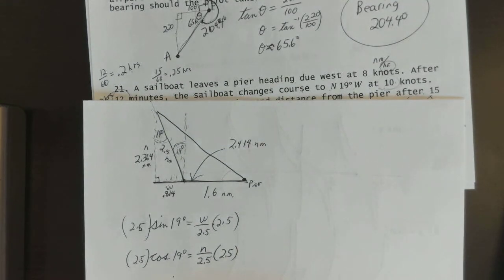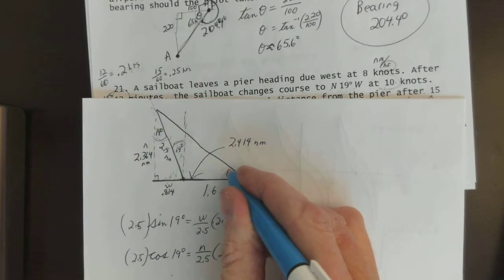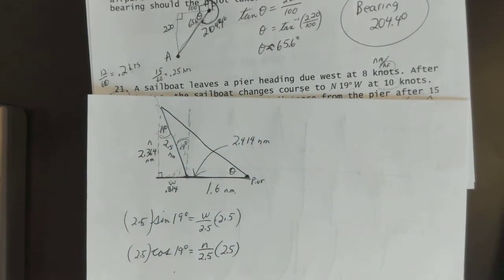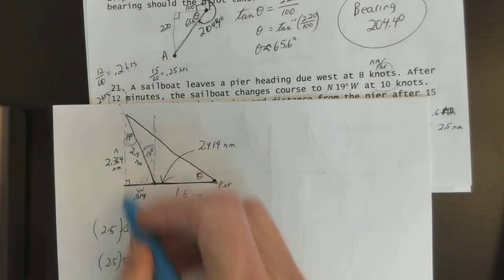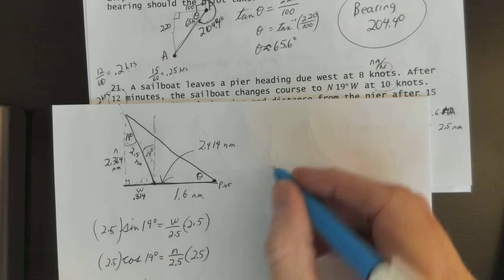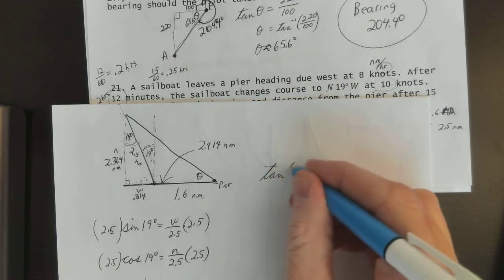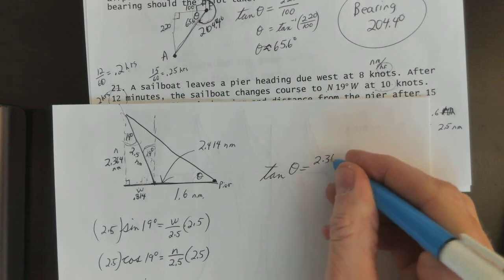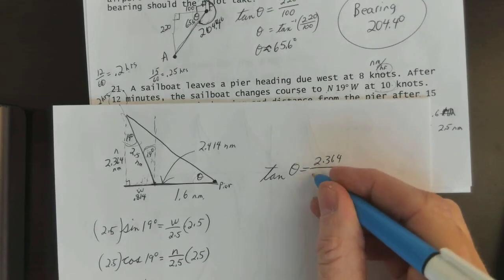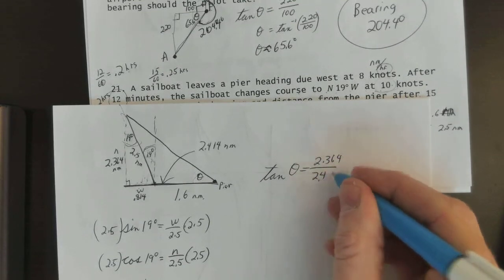And I'm going to put theta here. I want to figure out that angle. Opposite over adjacent. So the tangent of theta is the opposite, 2.364, over the adjacent, 2.414.